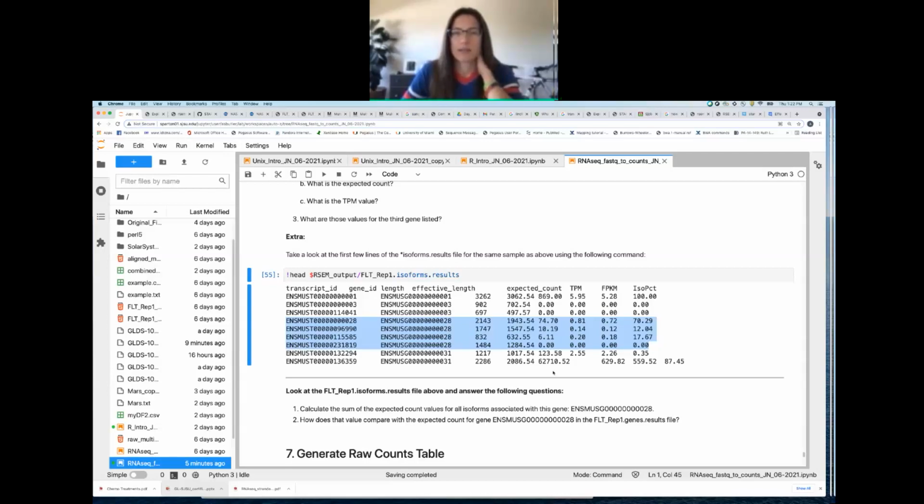Does that make sense? Is my question still not clear? Yeah, I figured. I know it's kind of hard, again, because of how these are tab separated columns.